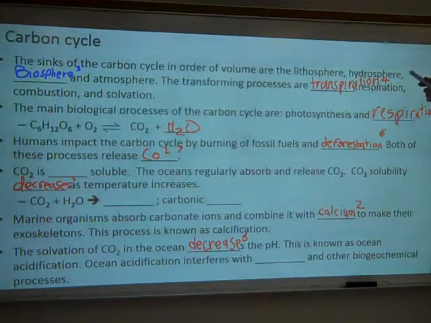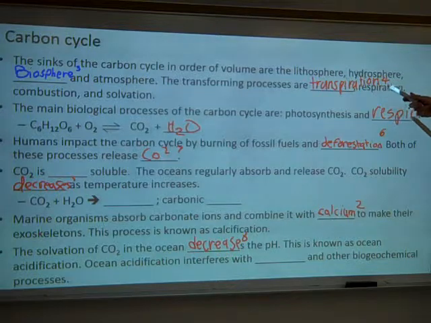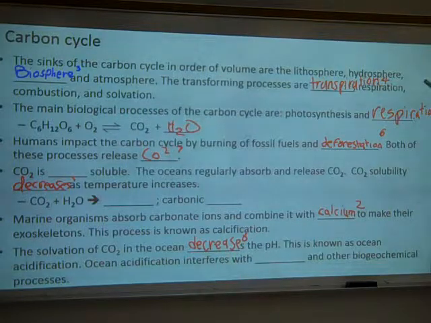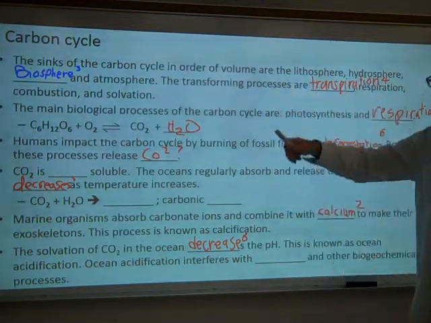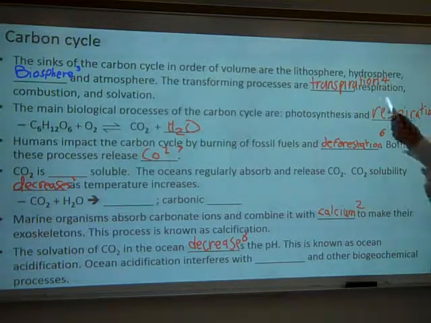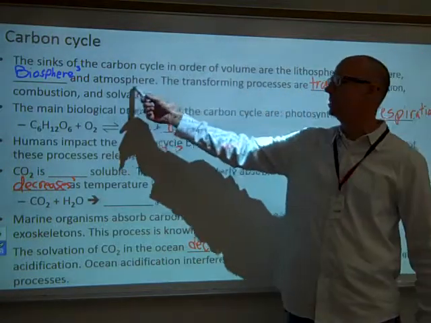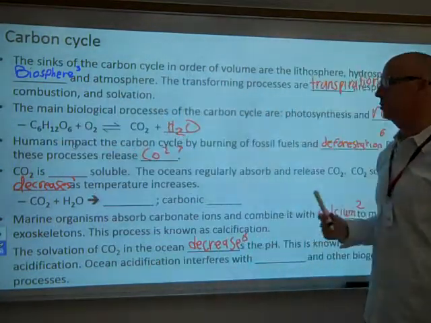So we've got the sinks here, and I'm only going to put them on this one because these are the same sinks that we're going to talk about throughout each one of these types of elements. And I listed them on the title page. These are the spheres, of course, of the Earth. The 3 physical ones: lithosphere, hydrosphere, atmosphere, and the biosphere as well.